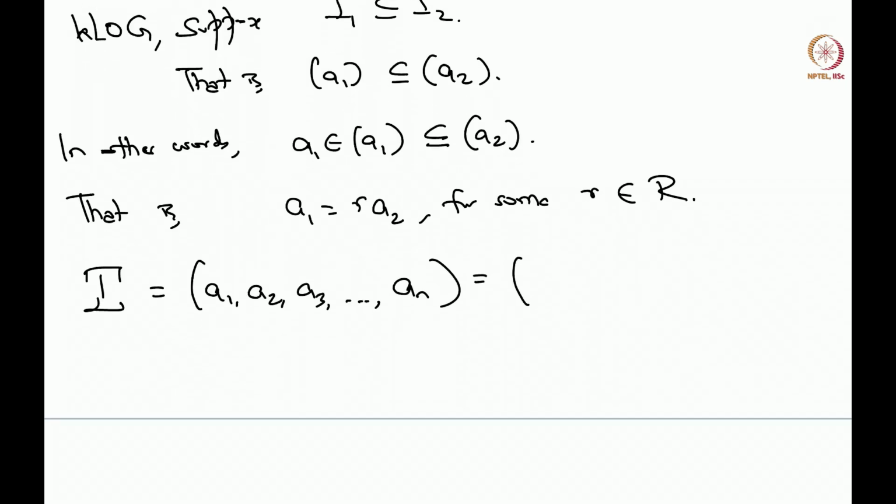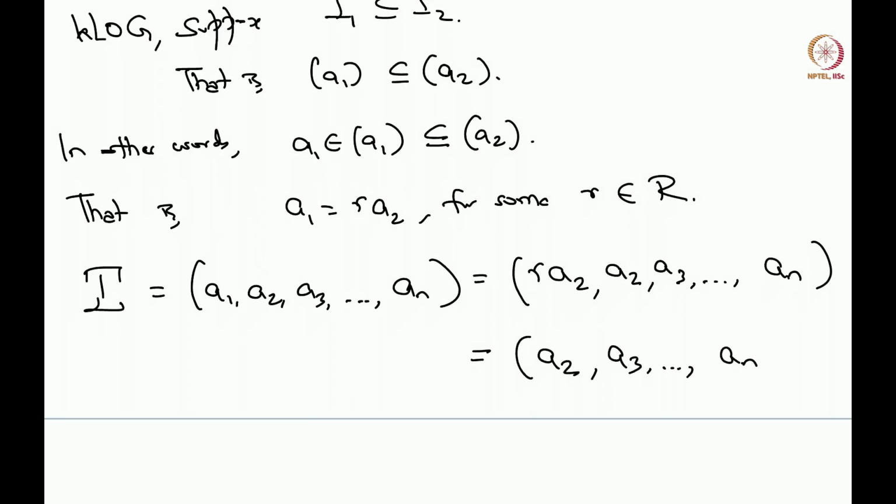But now what's A1? By assumption, it's r times A2, and so the ideal I is generated by r A2, A2, A3, and so forth up to AN. But notice that this first element is just a scalar multiple of A2, but you already have A2 in the generating set. So this ideal is nothing but the ideal generated by A2, A3, and so on up to AN.